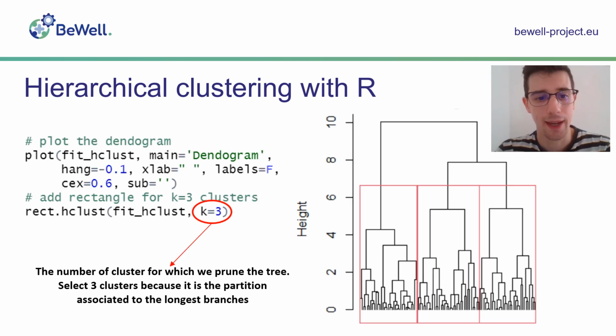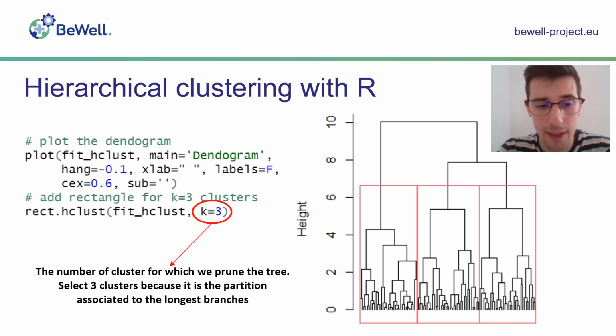To visualize the dendrogram, it is enough to plot such object using the usual plot function. This could simply be done by writing plot open bracket fit_hclust close bracket. The remaining options have been added only to show a better looking plot, but they are not mandatory. Moreover, we can use the rect.hclust function to visualize the level where we want to prune the tree.